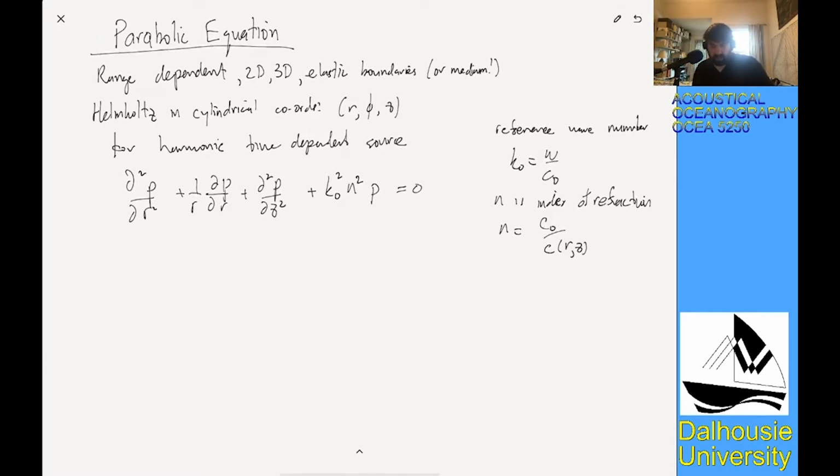And of course, this gives us k is equal to k naught n. So we're going to assume azimuthal symmetry. For this particular case, we're going to look at just a 2D. We already are looking at just a 2D case here.